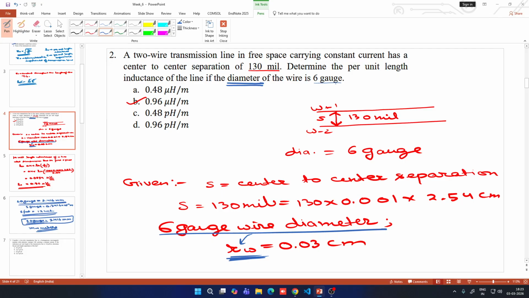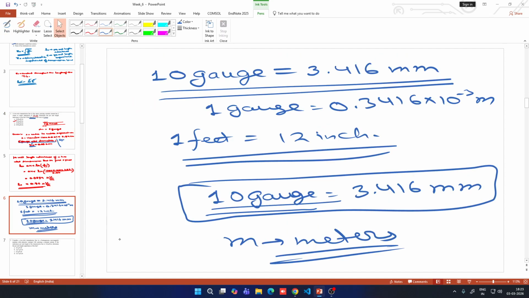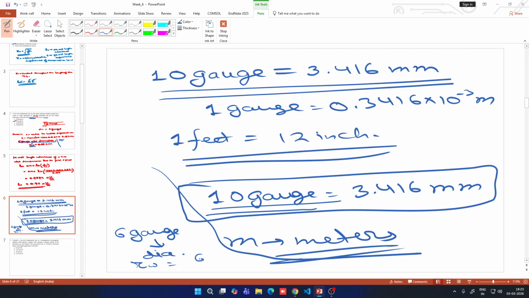So let's say if you want to convert this 6 gauge, six gauge is the diameter. Since in the formula it is radius, right? RW will be 6 by 2 gauge, which should be 3 gauge, right?